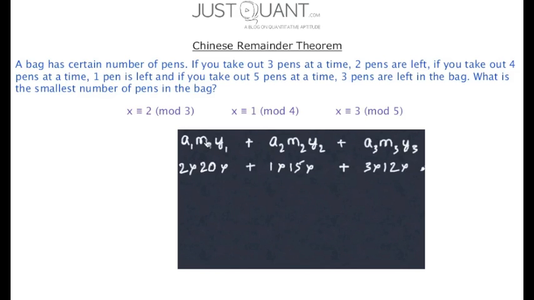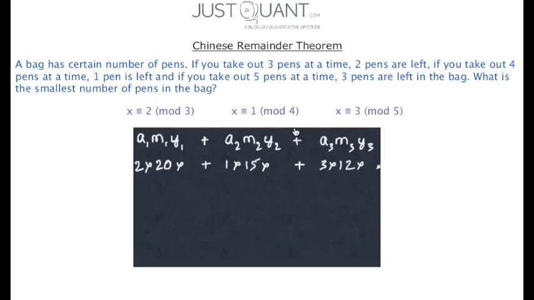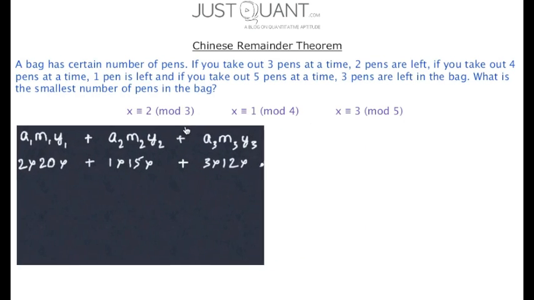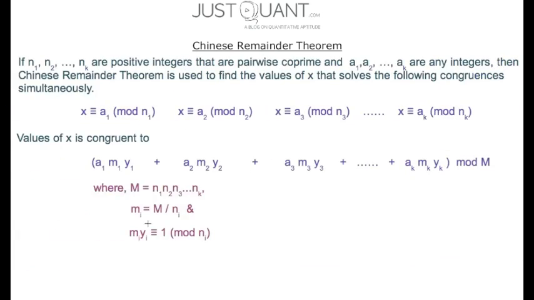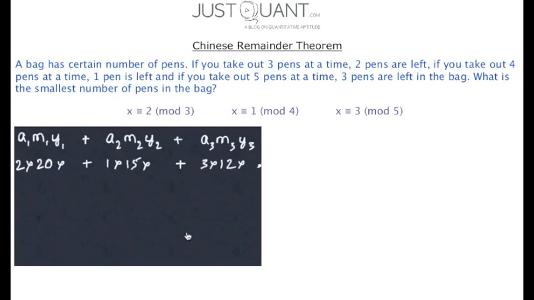Now that we have a1 m1, a2 m2 and a3 m3 values, let's calculate y1, y2 and y3 values. Now we have yi is obtained by using the congruence mi yi is congruent to 1 mod ni. Hence, y1 is obtained by using the congruence m1 y1 is congruent to 1 mod 3.